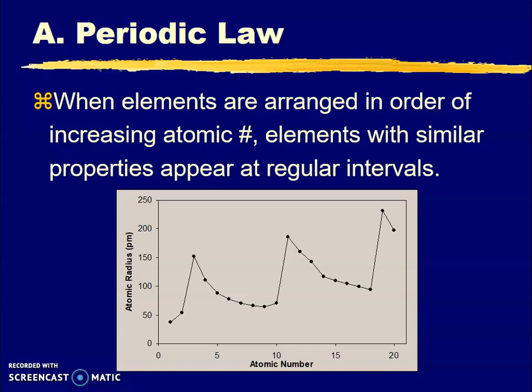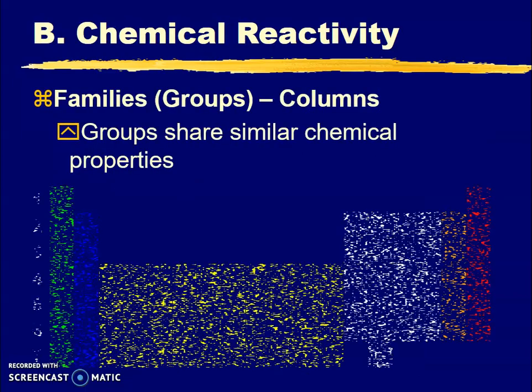And then as time went on and we developed technology so that we could discover these other elements, they did fit right along inside of his periodic table, right where he said that they would fit. So that's really cool. Let's take a look at some of these patterns that we see if we arrange them by increasing atomic number.